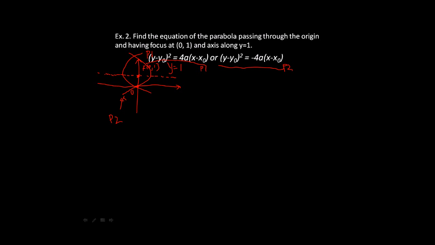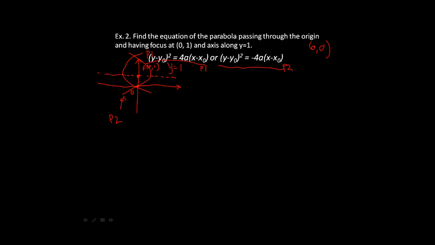So here let's take a look at P1 first. Now once again, what you are going to do is try to figure out what y naught is, what x naught is, and what a is. Right, three things. From the question we know that the curve P1 passes through the origin. That is to say, the point origin, which has the coordinate (0, 0), will satisfy the equation.